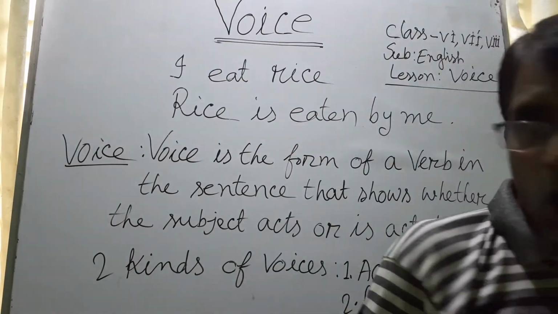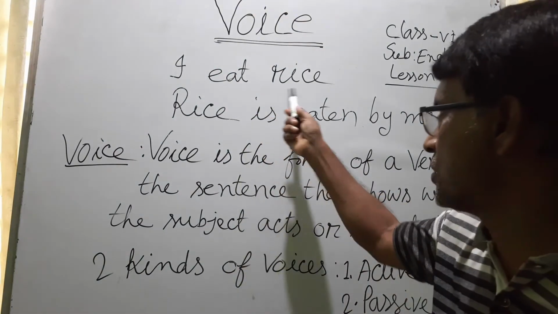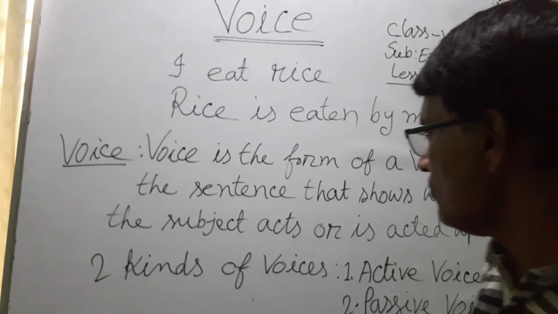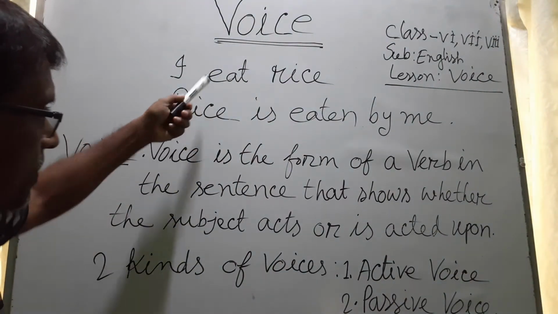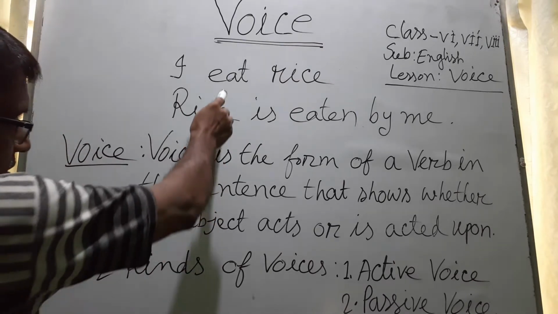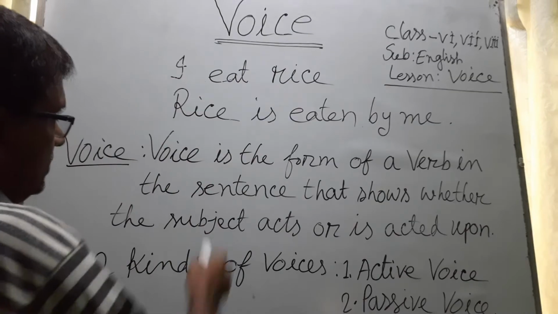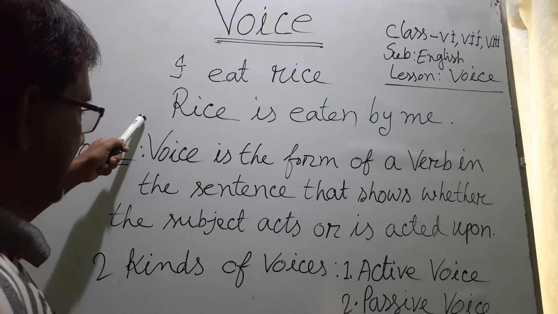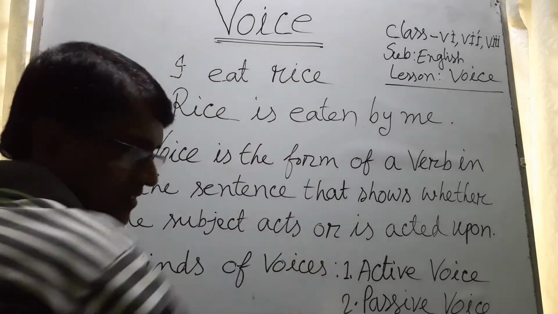The meanings of the two sentences are the same. And here we see the verb eat. In the first sentence, the verb is eat, and in the second sentence, eat has been changed into is eaten.